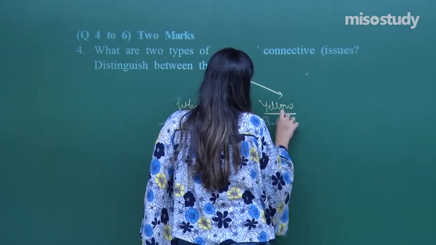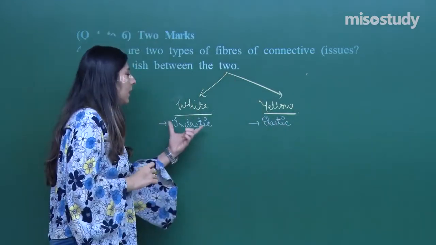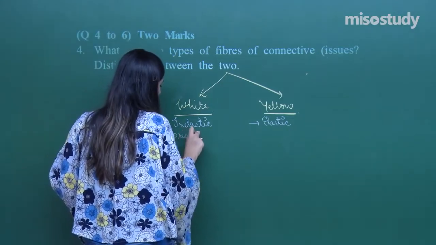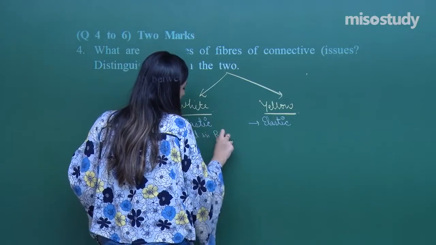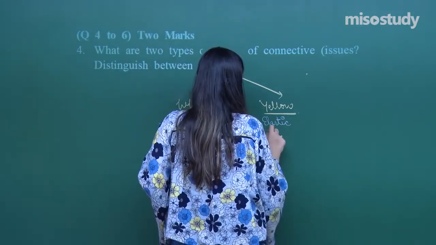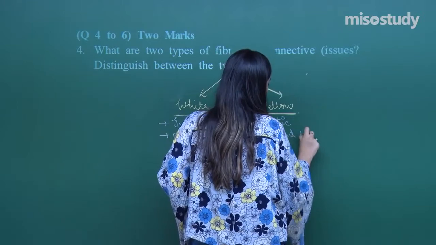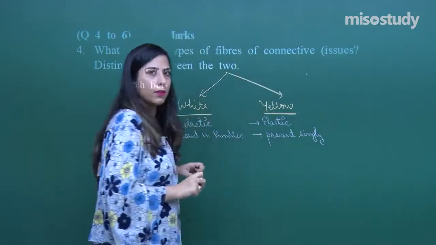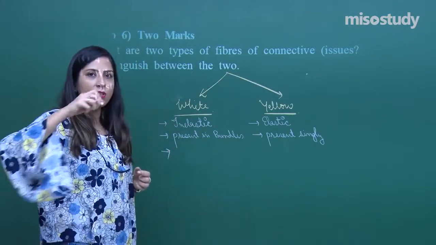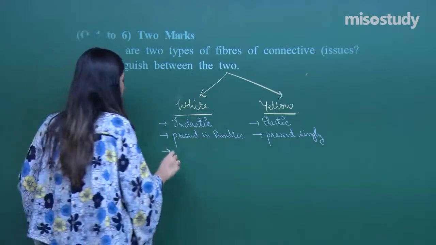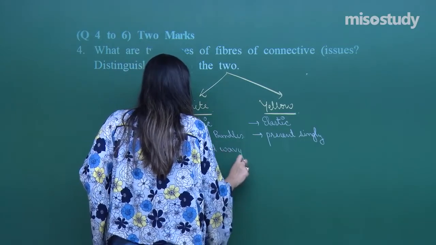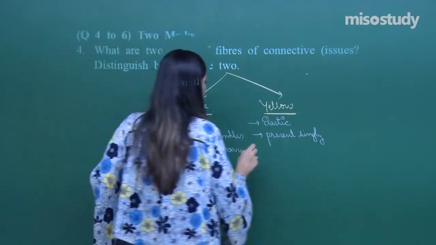Now, the white fibers are present in bundles, whereas the yellow fibers are present singly. The white fibers are thin and wavy. When we see their structure, they are in the form of a wave. Whereas the yellow fibers are thick and straight.